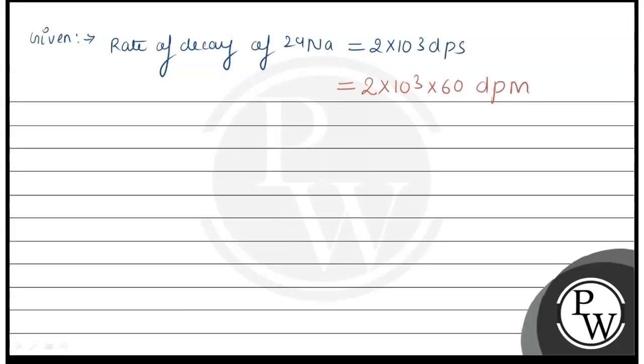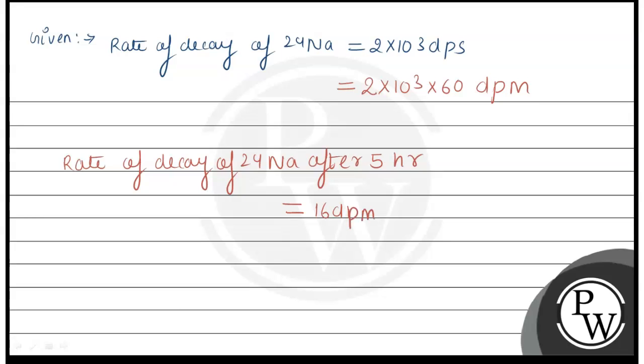Now we are also given the rate of decay of 24Na after 5 hours, which is equal to 16 dpm per cc.